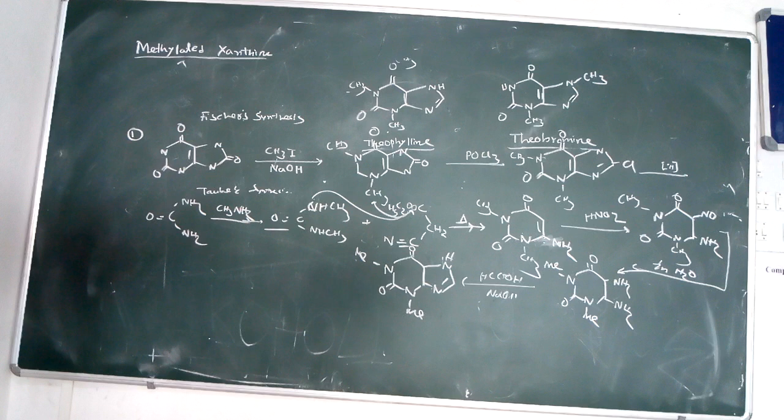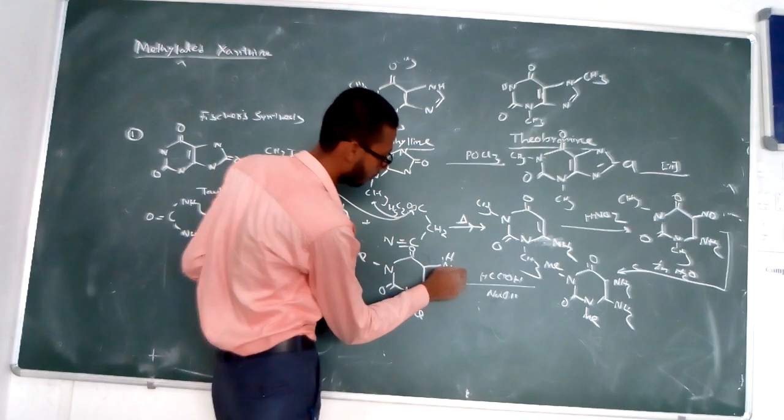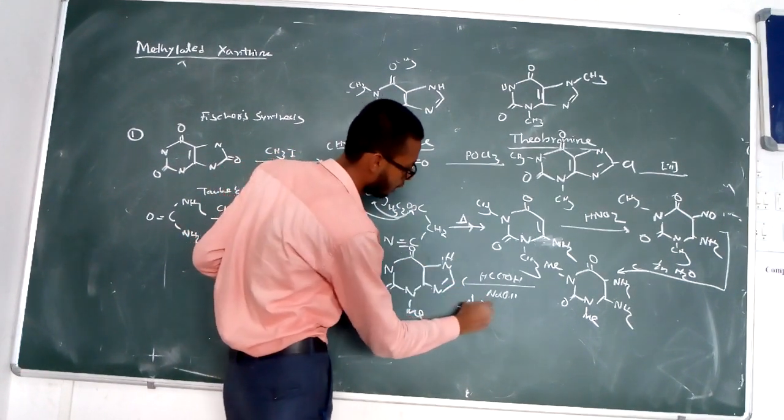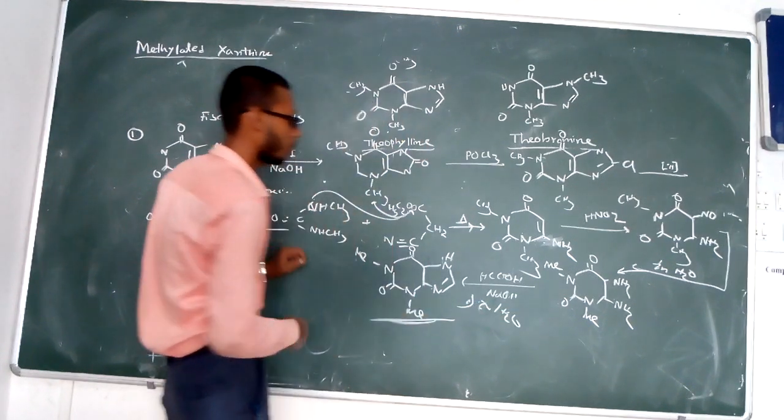In that case the first intermediate is the formyl derivative, and second, on hydrolysis using zinc water, it will produce the final compound theophylline.